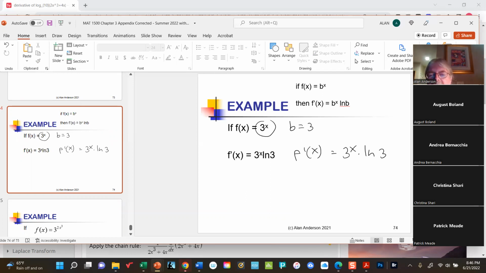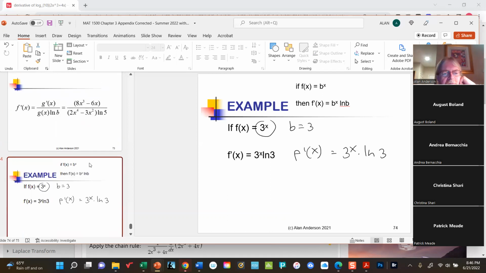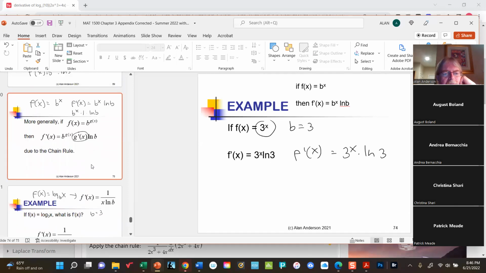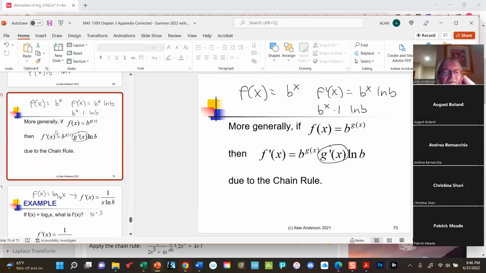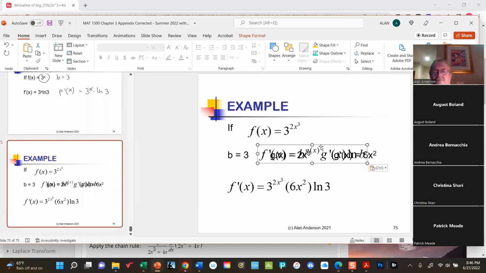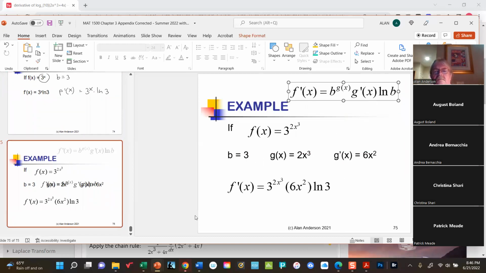Okay, but what about when the exponent is g of x? All right, here we go. So we have f of x, b to the g of x.